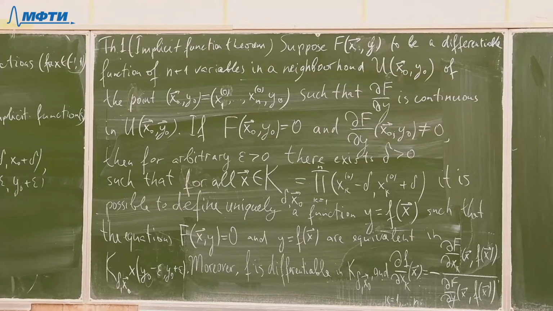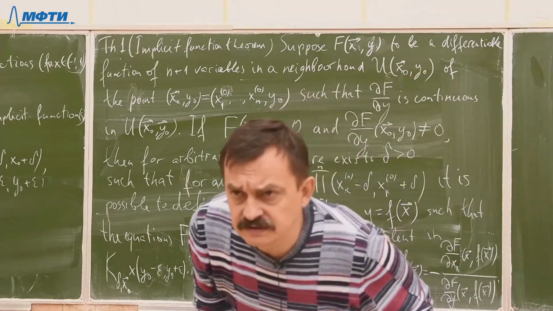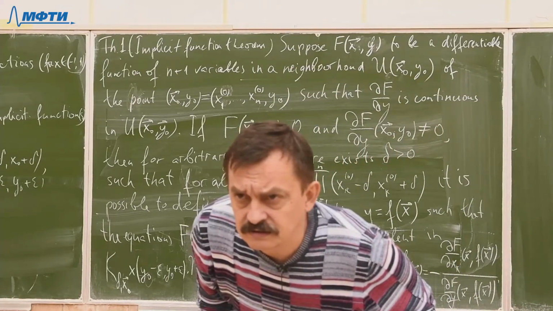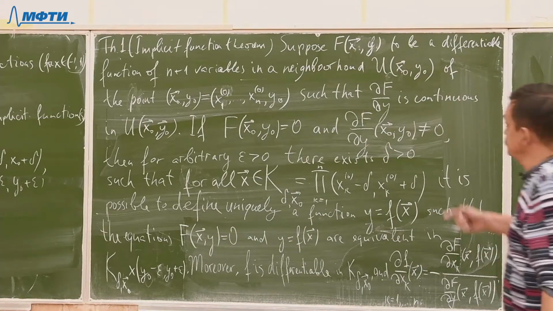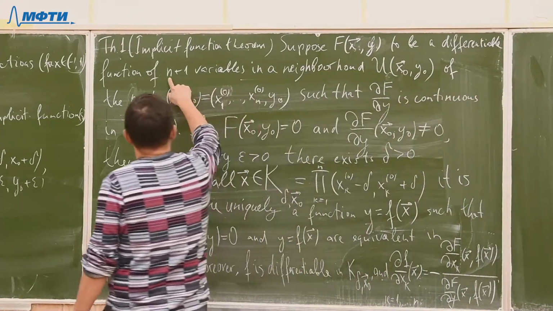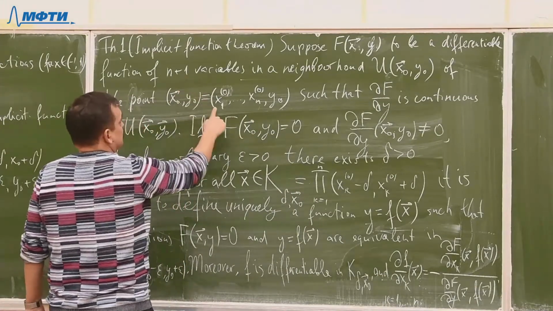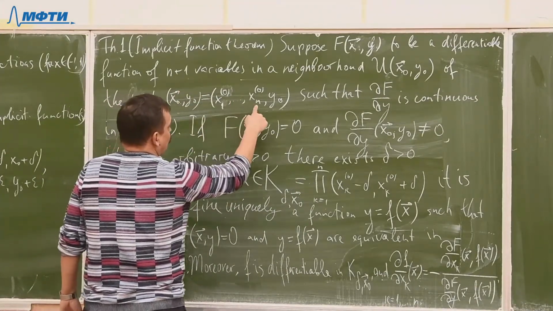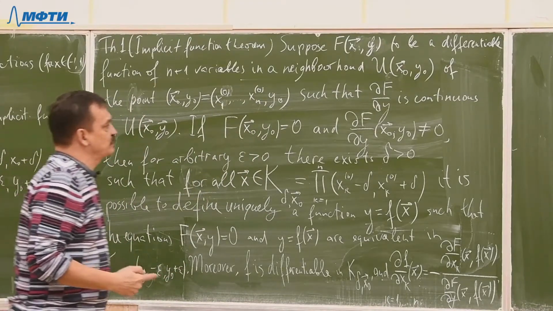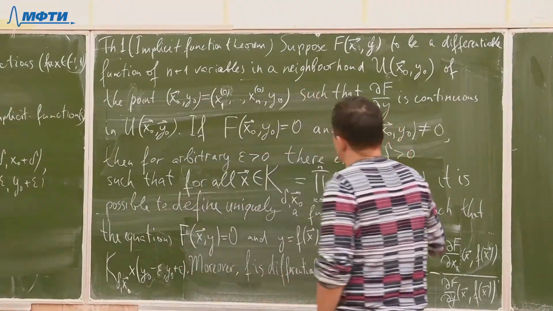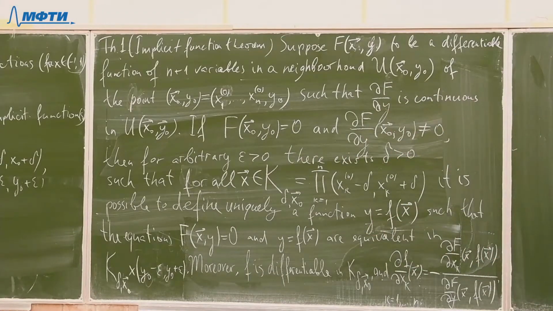So, of course, it seems rather huge, but y is one variable. So you see n plus 1 variables. X has n components, y just 1. So we solve the equation with respect to one variable.